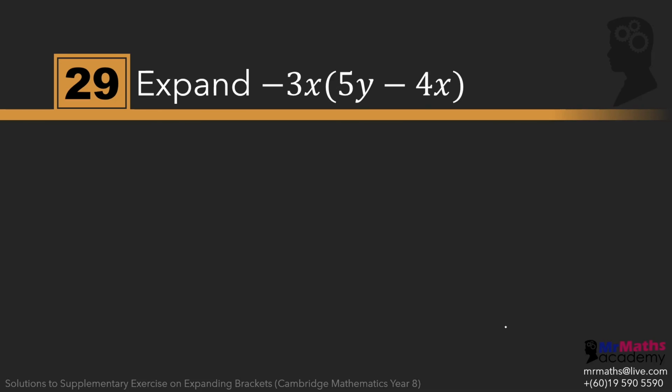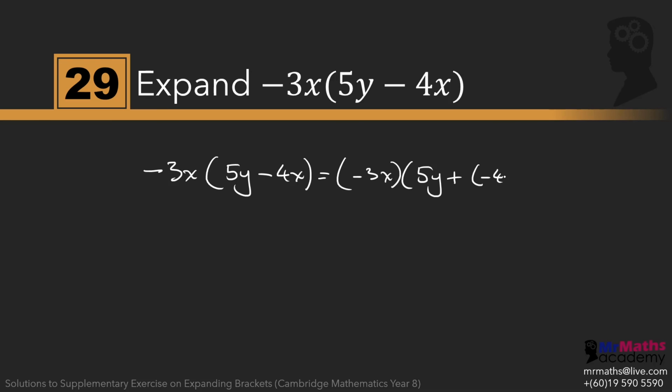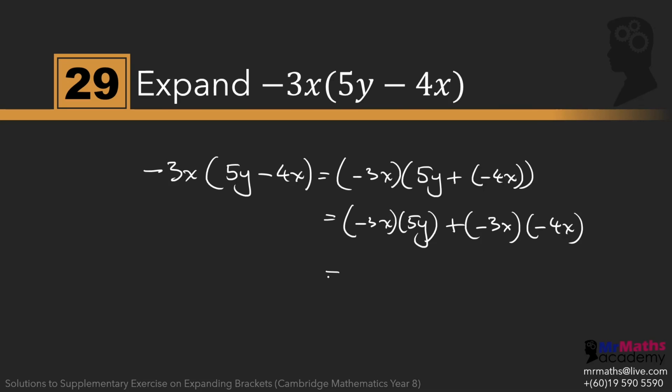Next question. We have to expand minus 3x, 5y minus 4x. I'm going to enclose all the negative terms. Plus minus 4x. Now we can expand minus 3x times 5y plus minus 3x times minus 4x.